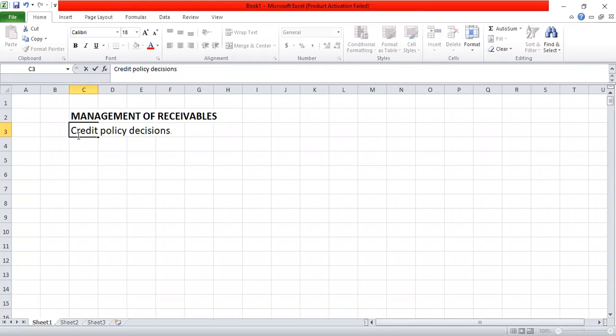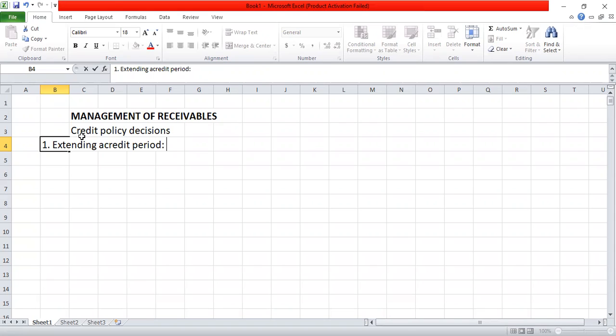And we said, as far as credit policy decisions, we can classify them into three. The first one we talked about was extending a credit period. That was the first credit policy that we talked about.